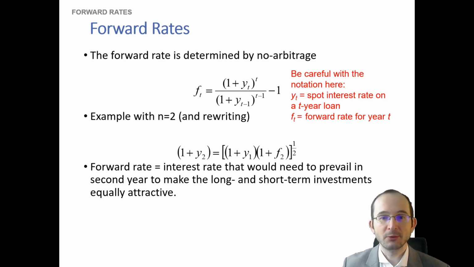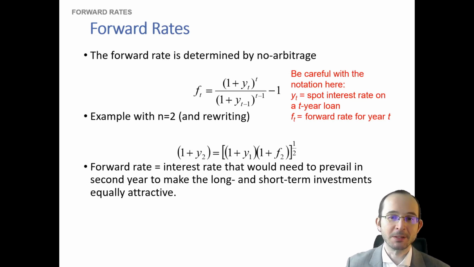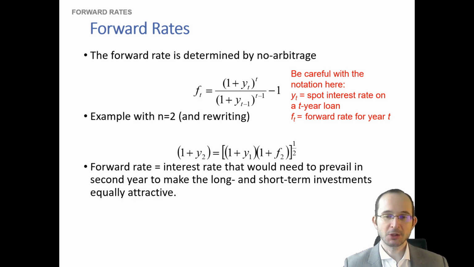So as we can see, forward rates can actually be created through a trade in zero coupon bonds at different maturities. And indeed, we can generalize this relation that we observed in 1-year and 2-year bonds to multi-year bonds. So let's look at the general formula.